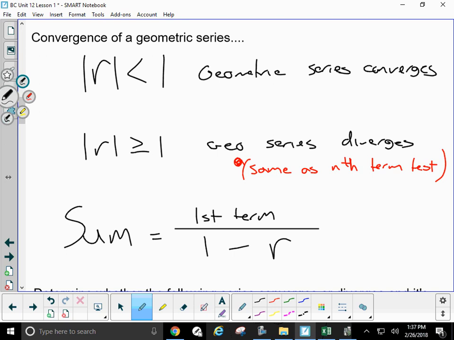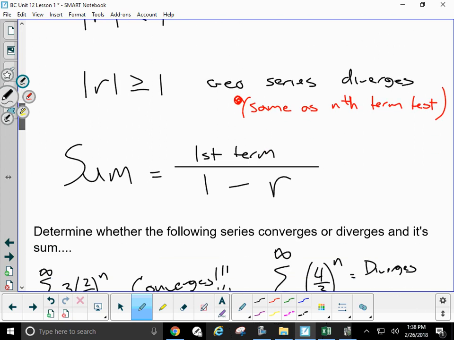You want to know why it's that? Wait till next unit. For right now, you're just going to have to believe me. Next unit? Yeah, next unit, Mr. Minion. Okay, we're going to talk about Taylor series, and we're going to get to it. But trust me, you don't want to know why now. So just believe me there.